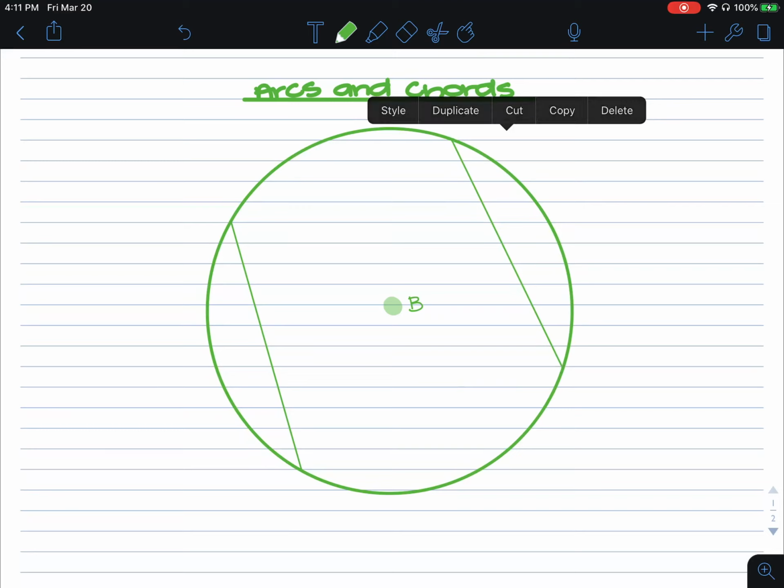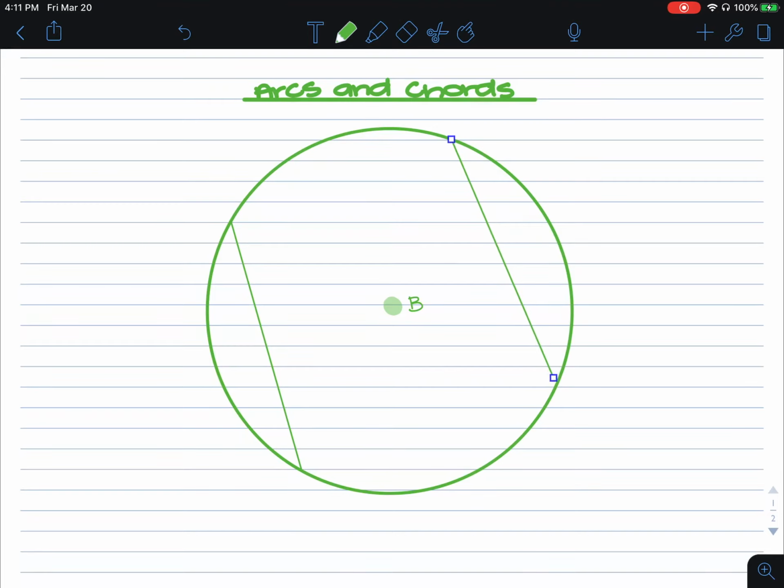Let's say that those two were congruent. They may not look congruent right now, but I'm just going to make them congruent, which is fine. Let's see, does that look better? Yeah, a little bit better. Okay, let's say my two chords, in this case my two green lines, are congruent.